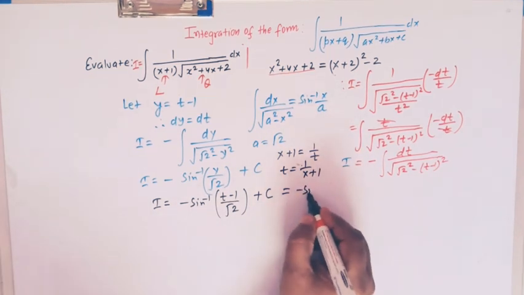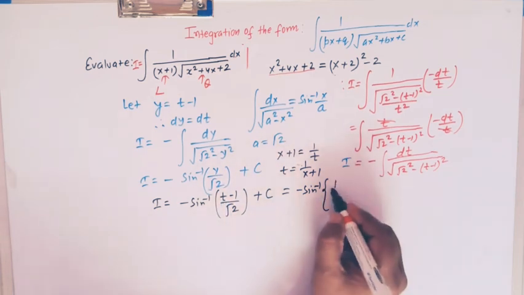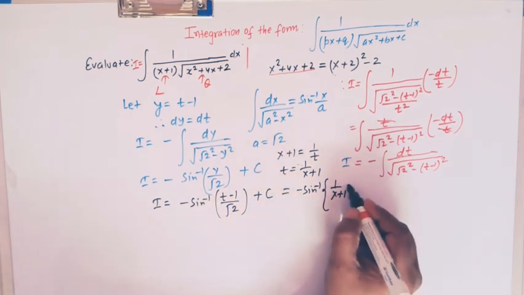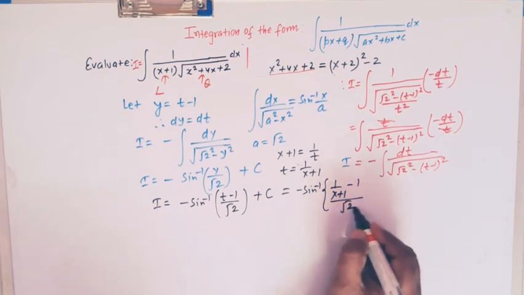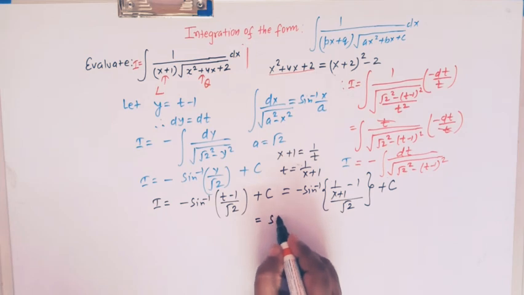So we have minus sine inverse, and for t we have 1 over x plus 1 minus 1 over square root of 2 plus c, and this is sine inverse.